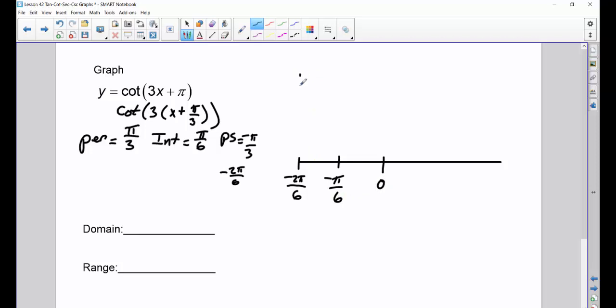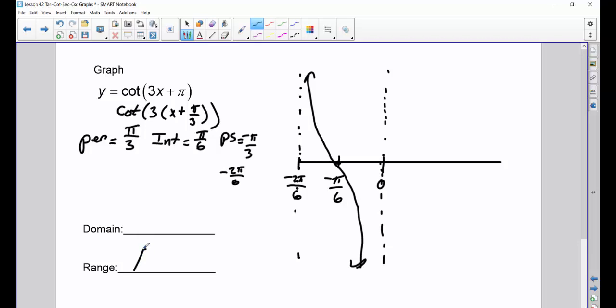Cotangent, we know, has an asymptote on the first interval number and then goes to 0 and then has another asymptote, and cotangent will always decrease, so it's going to look something like this. Range, we can see, is all reals.